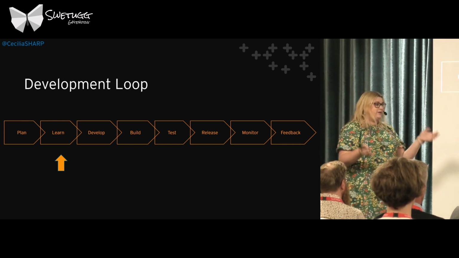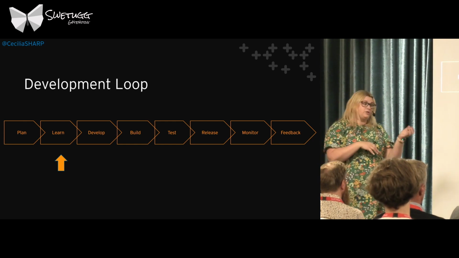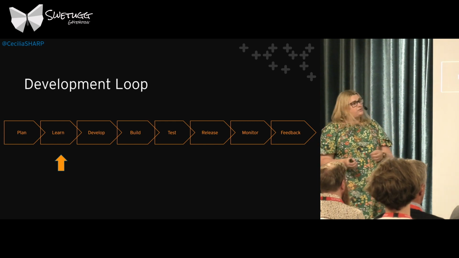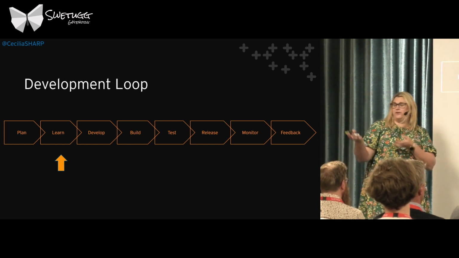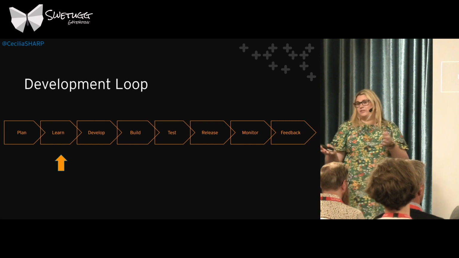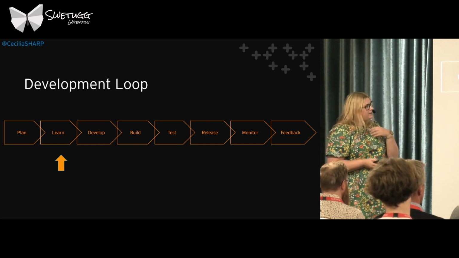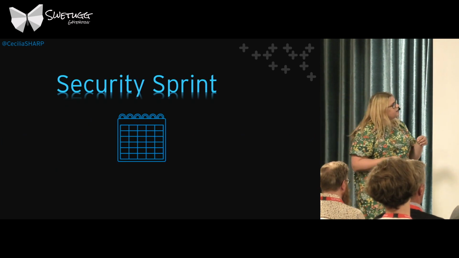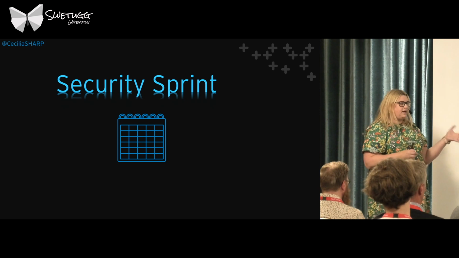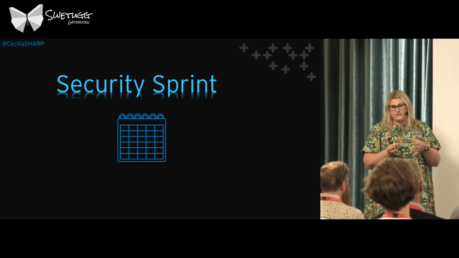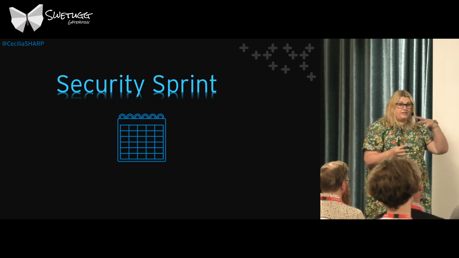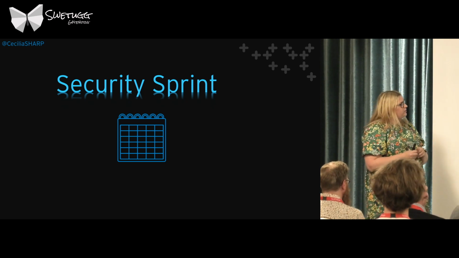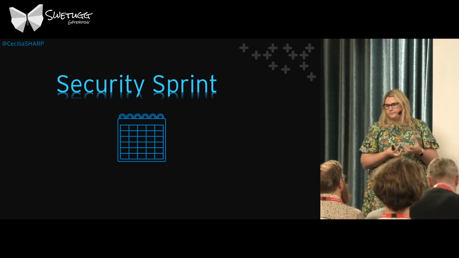And of course we have the regular things like conferences, books, online resources, hire a tutor, hire a teacher, whatever you like. But I have 2 tips for what you could do. You can dedicate a complete sprint or a day or whatever time length is best for you to a security sprint.